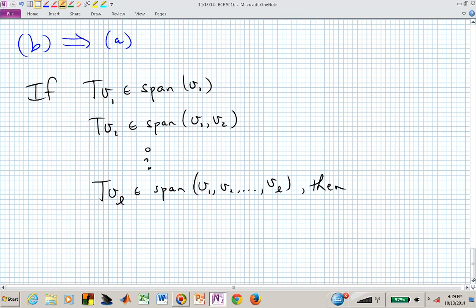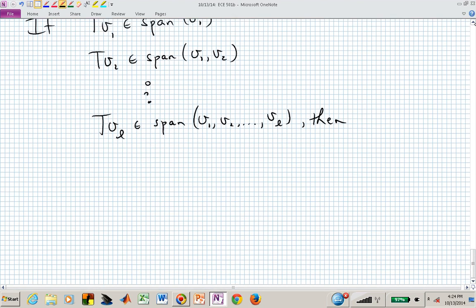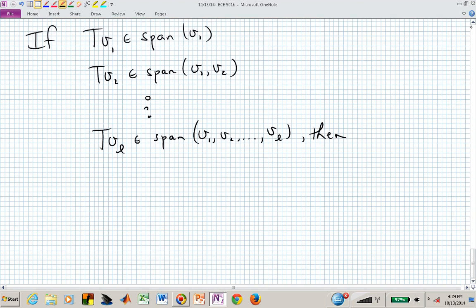Then if that's the case, I can create T v sub 1 as a linear combination of v1, and T v sub 2 as a linear combination of v1, v2. I'm going to get very particular with how I denote those linear combinations, so that the subscripts naturally live in the appropriate matrix elements and I can build an upper triangular matrix.